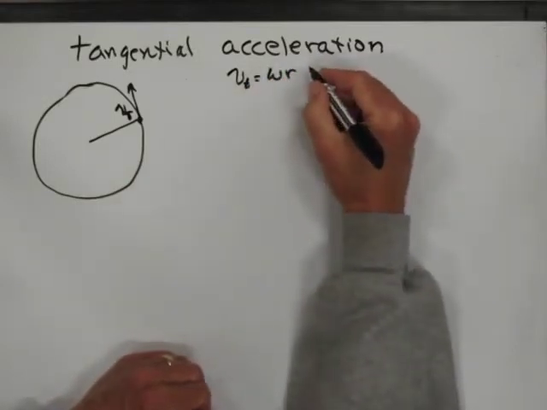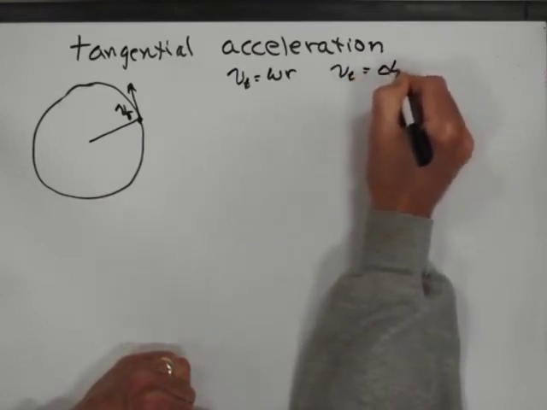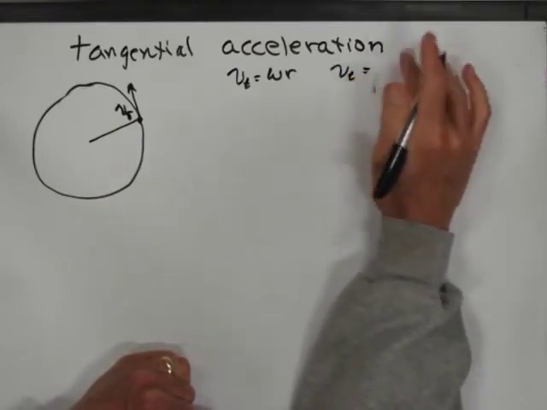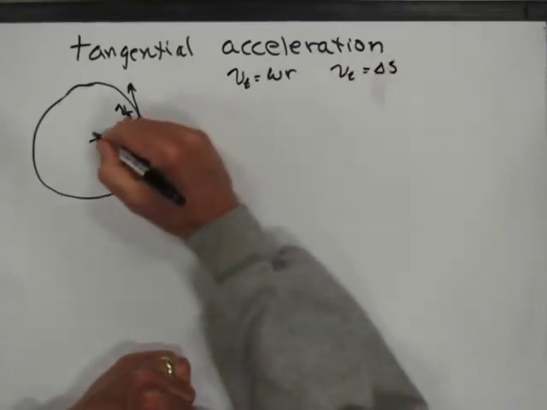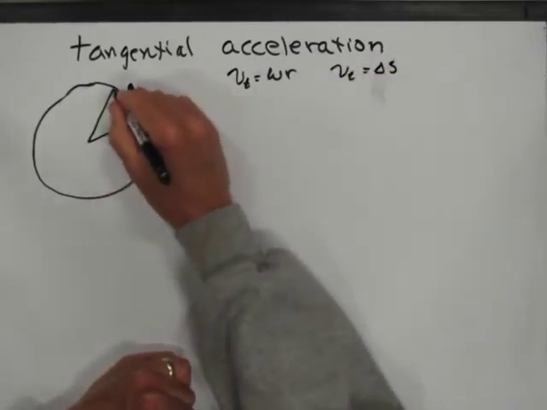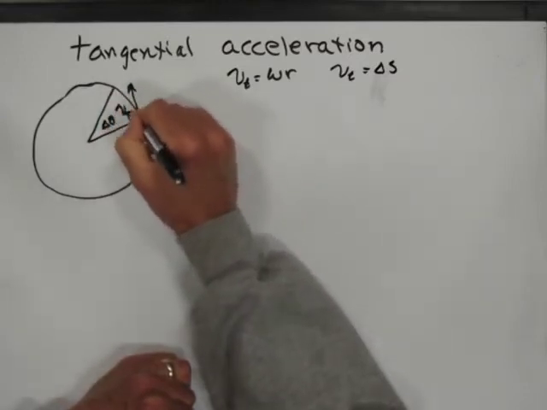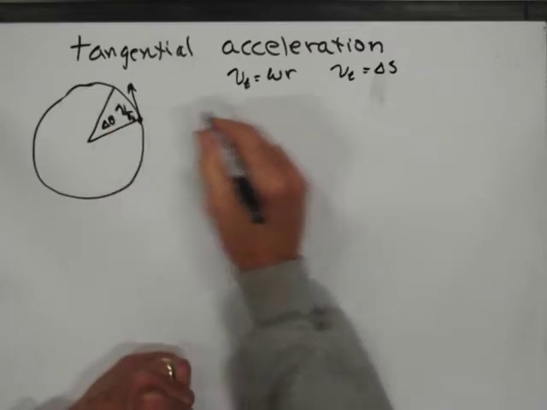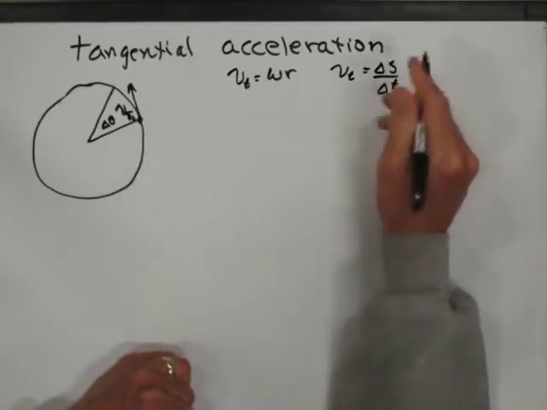And we got that from saying the tangential velocity was the arc length, delta s, right? Delta s covers that angle delta theta. This arc length is delta s over here, and it does it in time delta t. And so its tangential velocity is delta s over delta t.